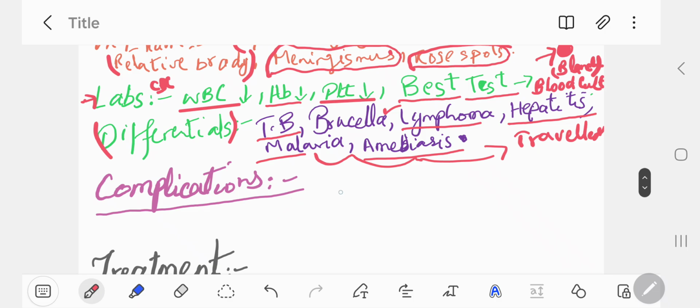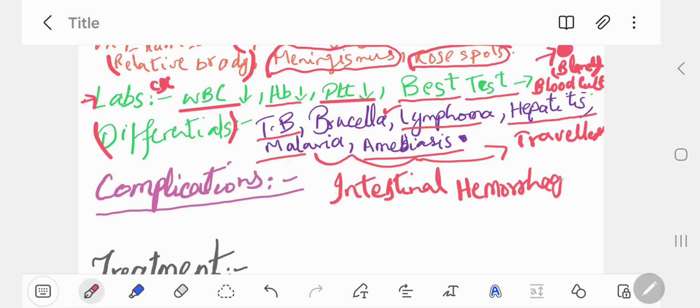What are the complications that can occur with this enteric fever? The life-threatening complications are intestinal hemorrhage and intestinal perforation.